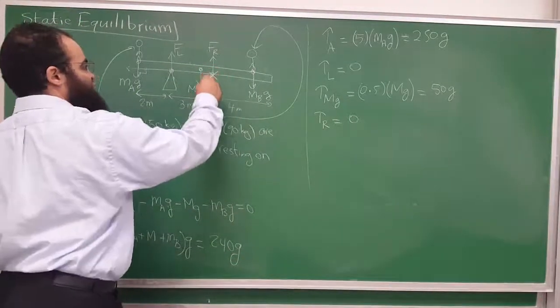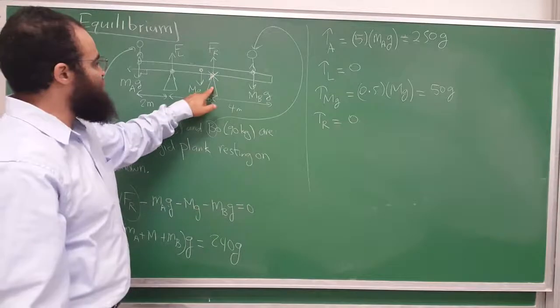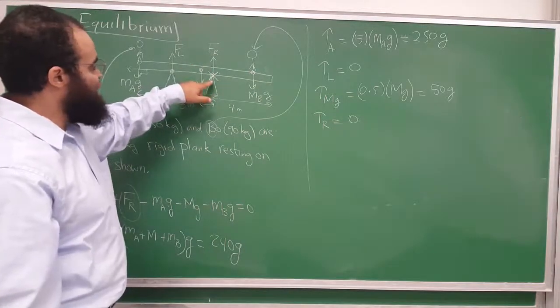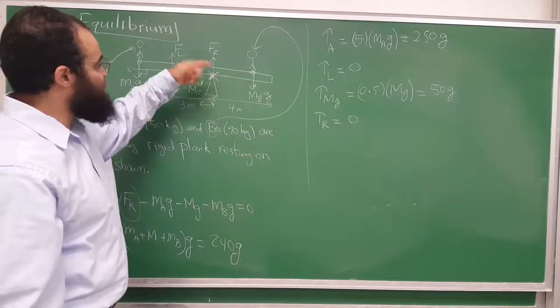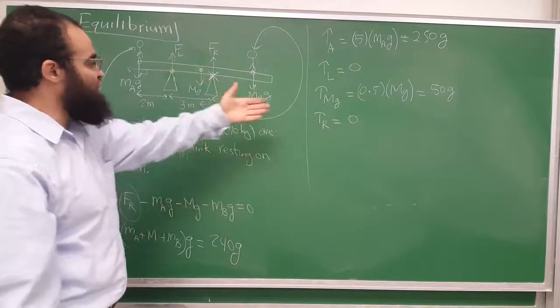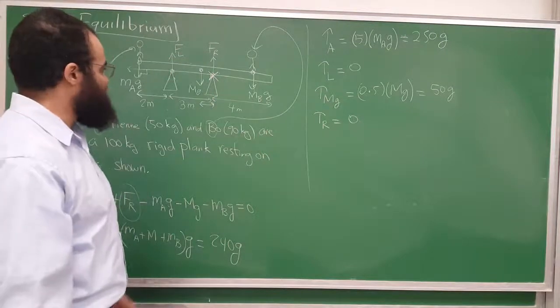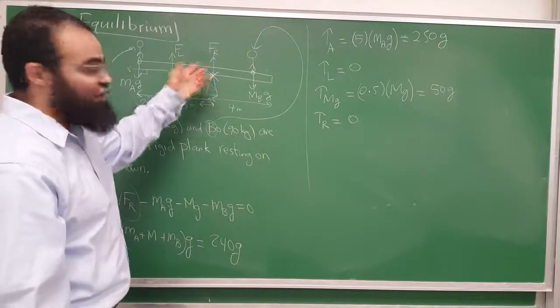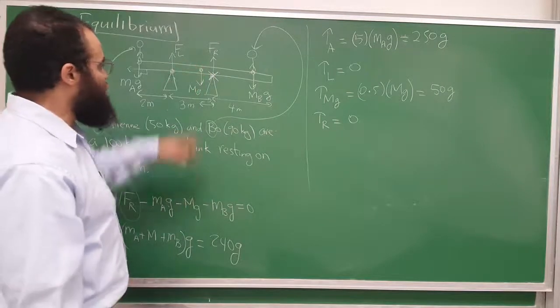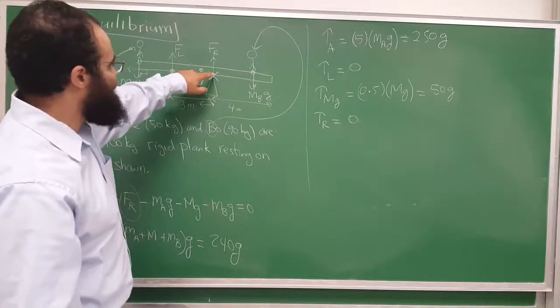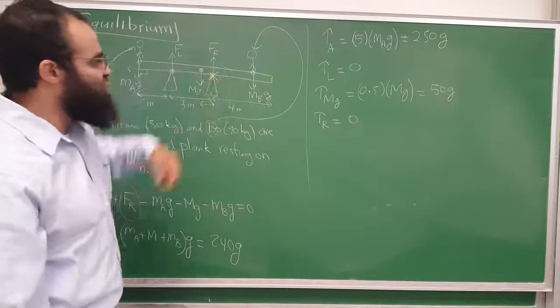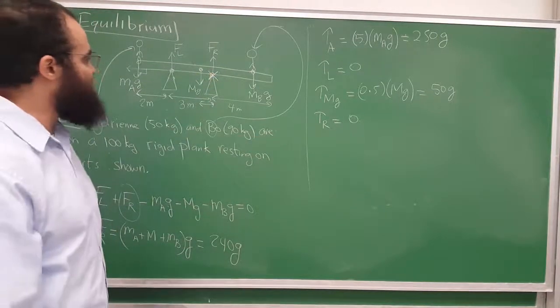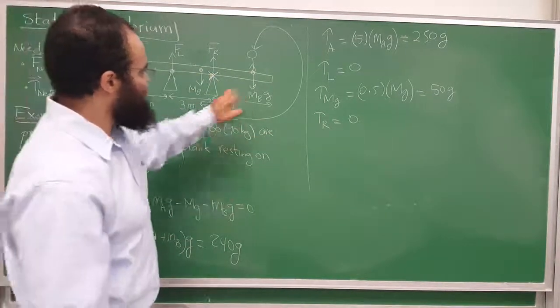And it's a smart choice because you eliminate this. The reason you eliminate it is that the distance from the force to itself is 0, so that contributes nothing to the torque. Which makes sense. If the force is here, that doesn't contribute anything to the torque. To rotate something, remember you have to apply a force at a distance from the point of rotation. So that contributes nothing.